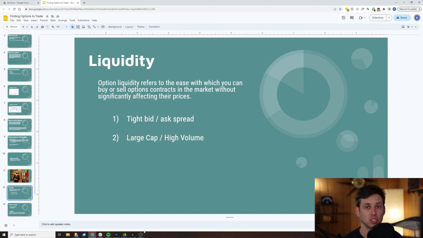That's going to change after hours and in the days and months leading up to the expiration date, so the bid-ask spread could change. But what we're looking for is a tight bid-ask spread. We don't want something that is very far apart. In that video, I go into details about how the value is determined between the bid and the ask.